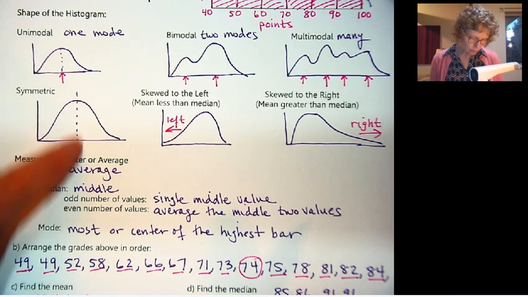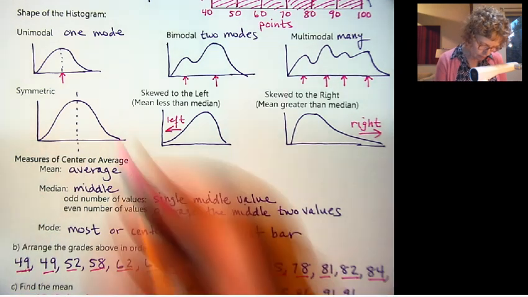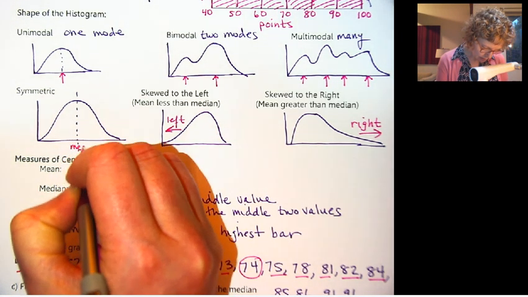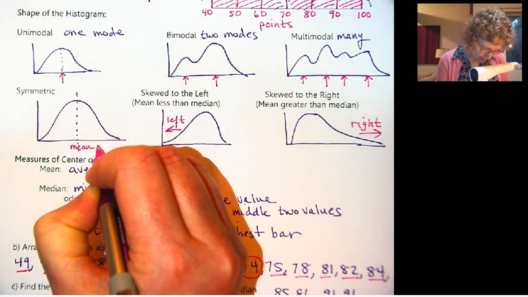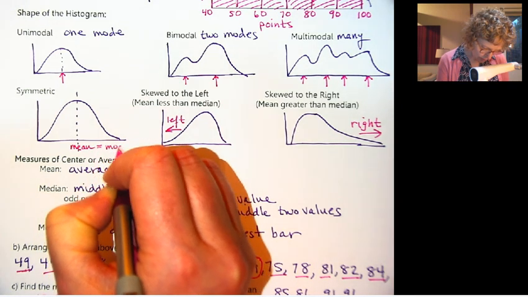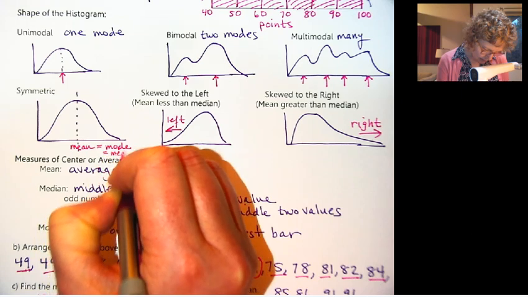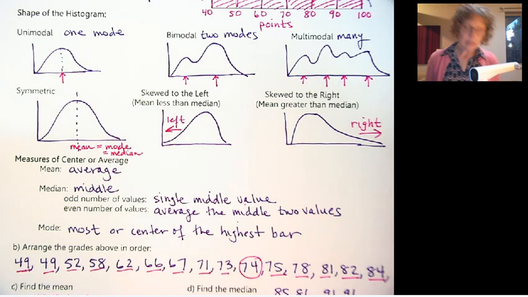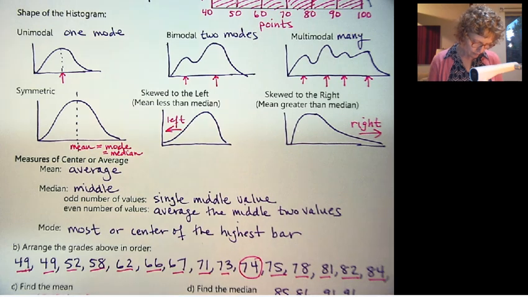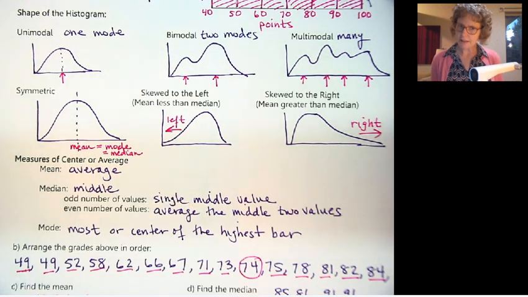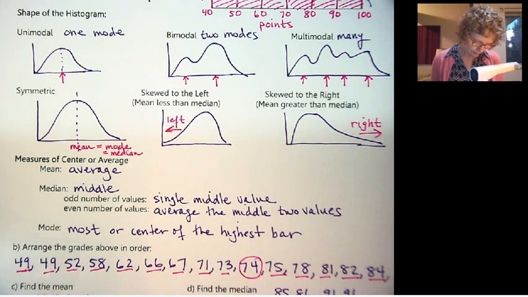So the mean would go right in the middle, right? So the mean is going to be approximately equal to the mode and the median. At least pretty close. In real life, they might not be exact, but they should be pretty close.